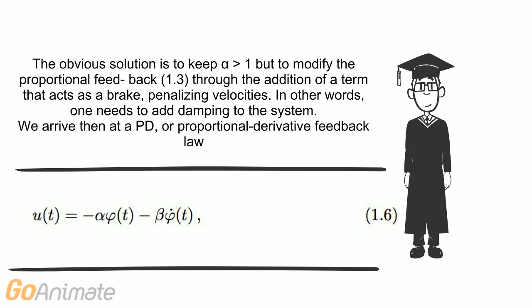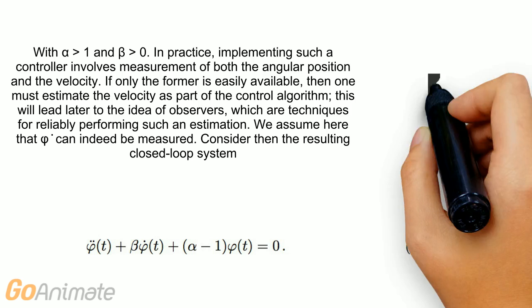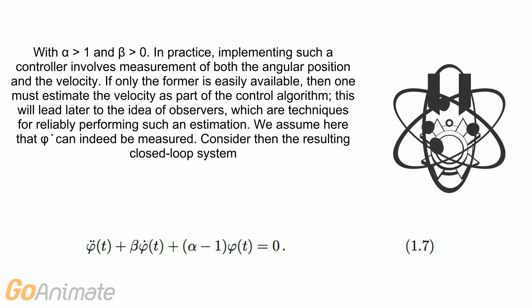The obvious solution is to keep alpha less than 1, but to modify the proportional feedback through the addition of a term that acts as a brake, penalizing velocities. In other words, one needs to add damping to the system. We arrive then at a PD, or proportional derivative, feedback law, with alpha less than 1 and beta less than 0.